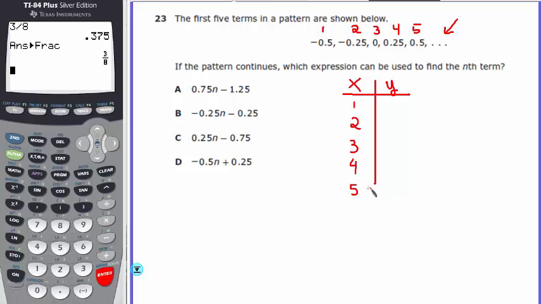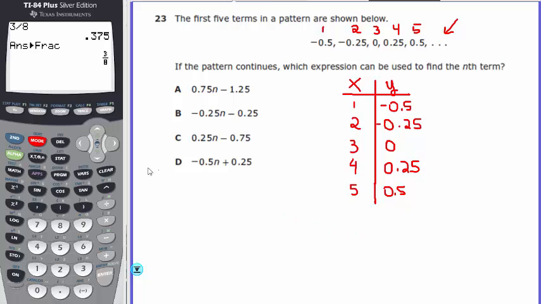And the y values are going to be the numbers on the actual test there. This would be negative 0.5, negative 0.25, 0, 0.25, and then 0.5. Once we have built this table, we're ready to go to the calculator.